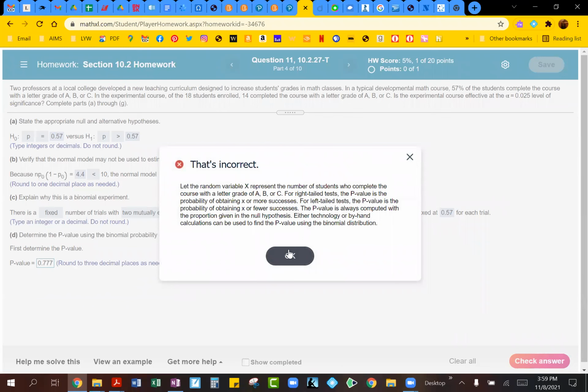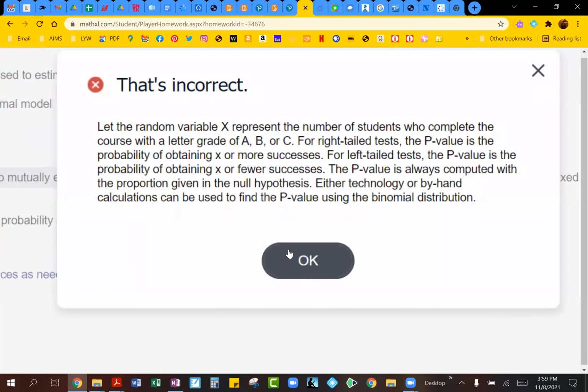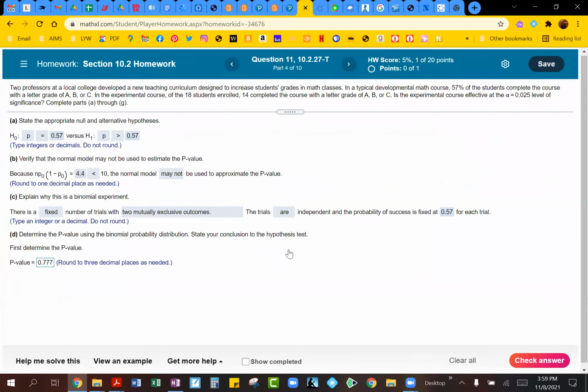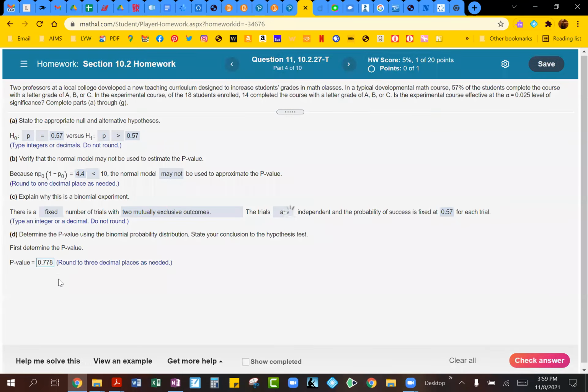So this is going to be right-tailed because we do have greater than. So the probability of X or more successes, well, didn't we do that? Isn't it 0.778? What did I type in? Oh, I did 777. Okay, I think you might be right.